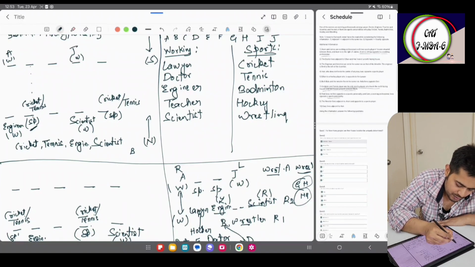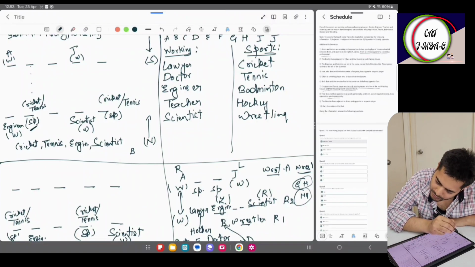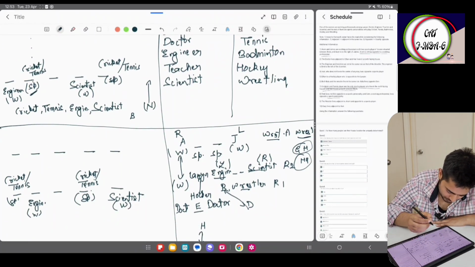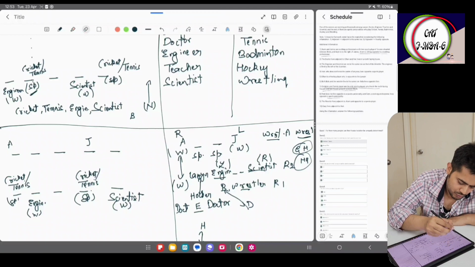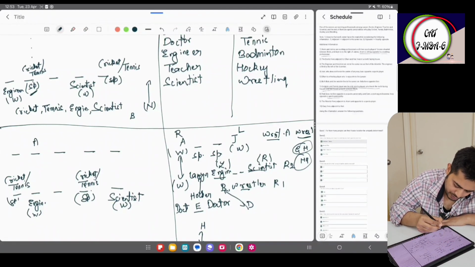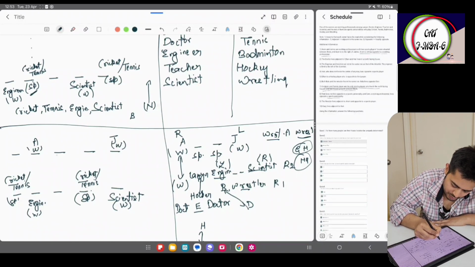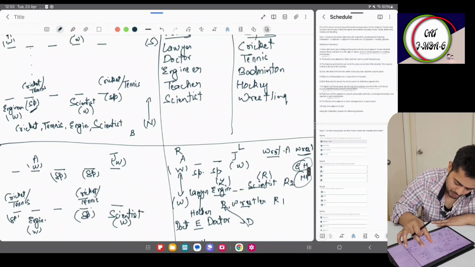This is working, this is working, and A sits opposite a working professional. In case 2, can it be A and J? No, A cannot sit opposite a sports player. So again here also A will be here and J will be here. This is working, and these two people will be sports. Okay.